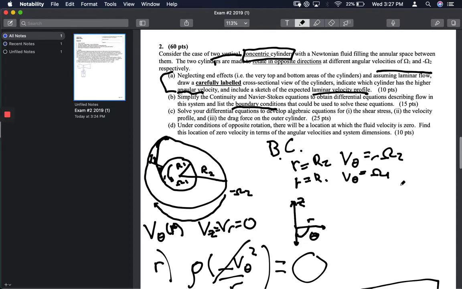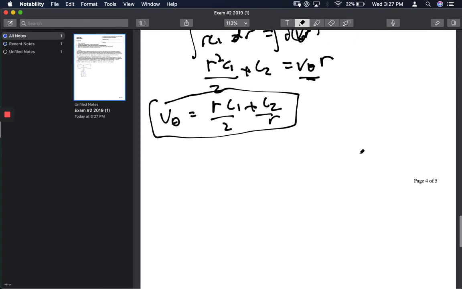Okay, so now we can do shear stress. So this will be actually for part 2 right here. This is part 2. Part 1 is going to be shear stress. So we're going to look at our definition for shear stress.